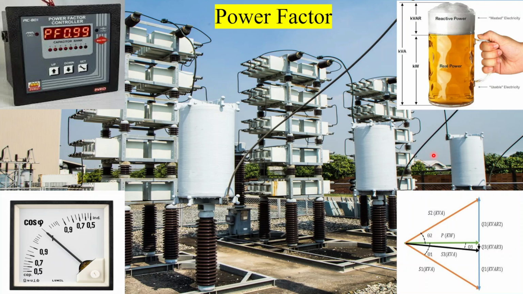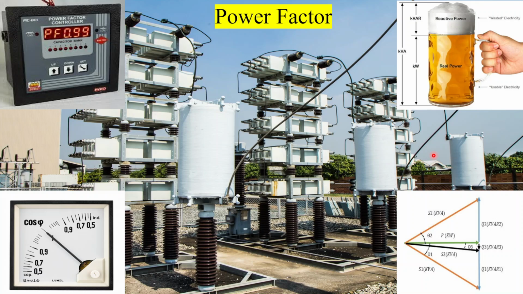Capacitive load. Capacitive loads such as capacitor banks or some types of electronic equipment can also cause a phase difference. But typically they are used to counteract the effect of inductive loads and improve the power factor.